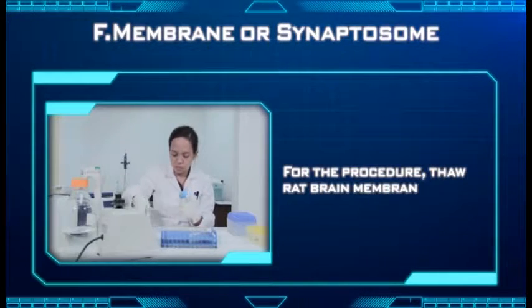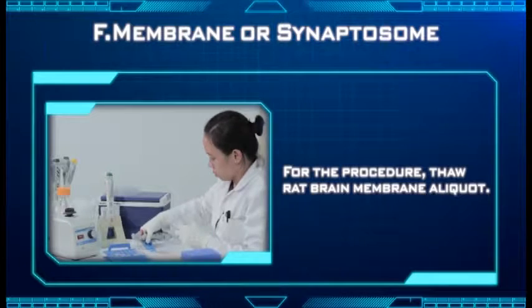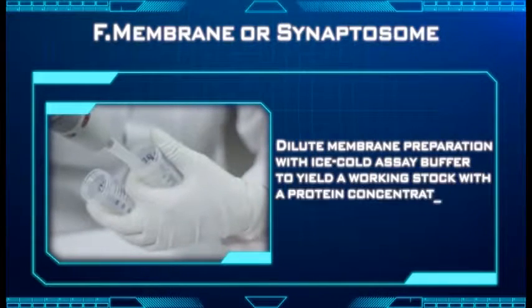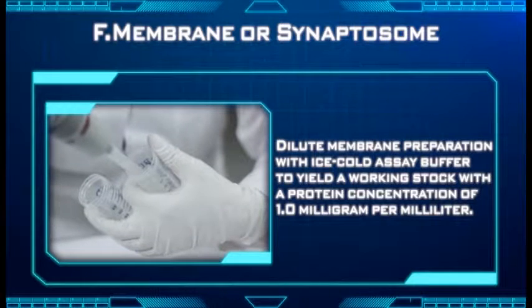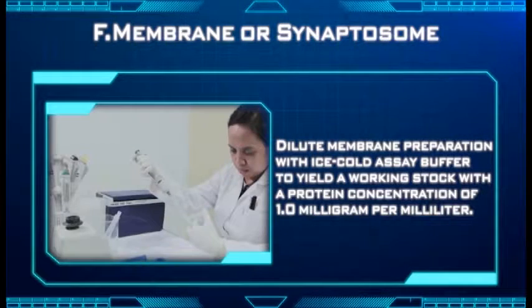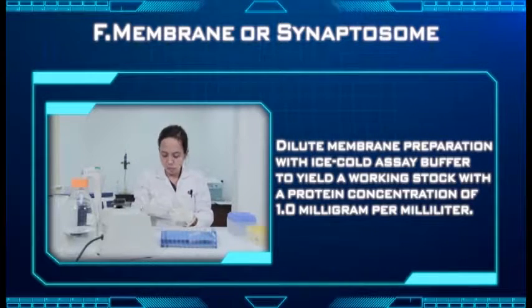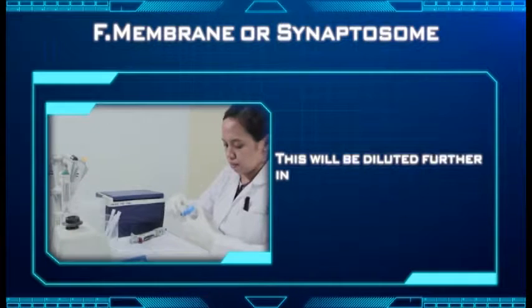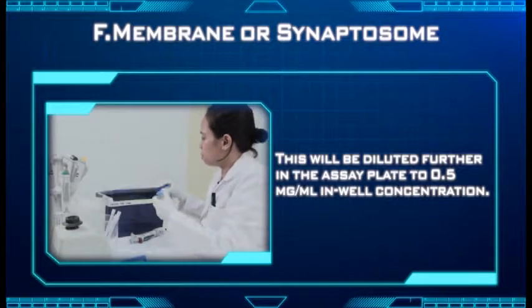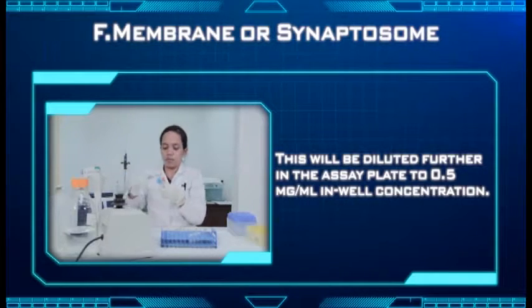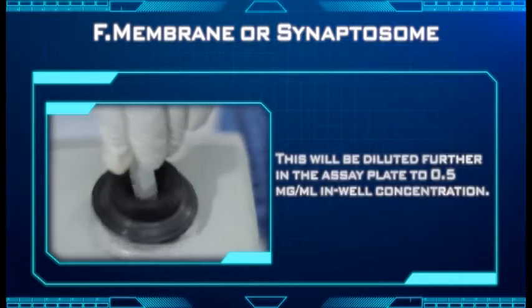For the procedure, thaw rat brain membrane aliquot. Dilute membrane preparation with ice-cold assay buffer to yield a working stock with a protein concentration of 1.0 milligram per milliliter. This will be diluted further in the assay plate to 0.5 milligrams per milliliter in-well concentration.